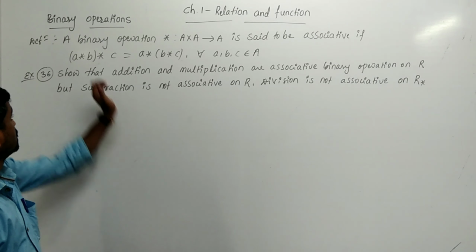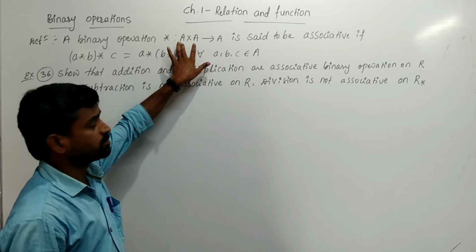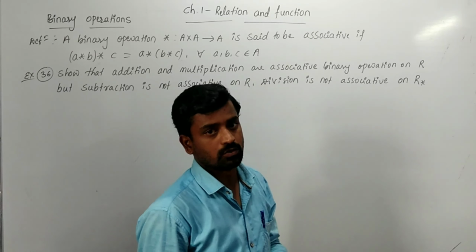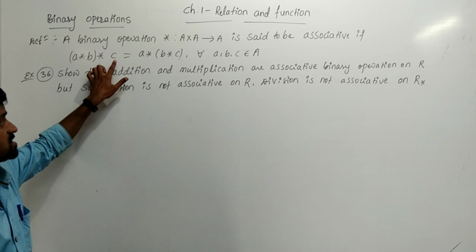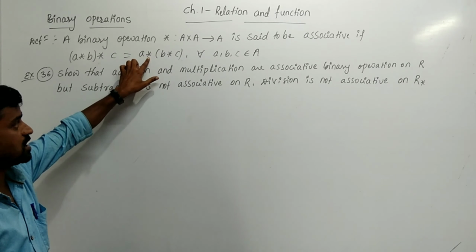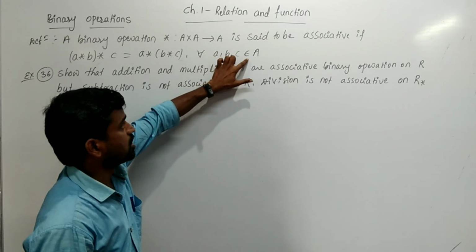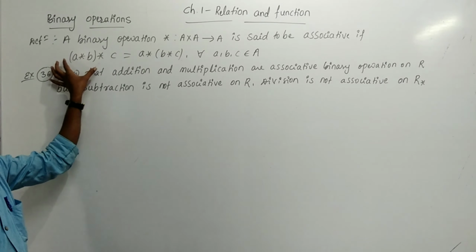Second property, a binary operation star such that Cartesian product on set A to A is said to be associative if A star B star C equal to A star B star C for all A, B, C belongs to set A. Okay, simple property.